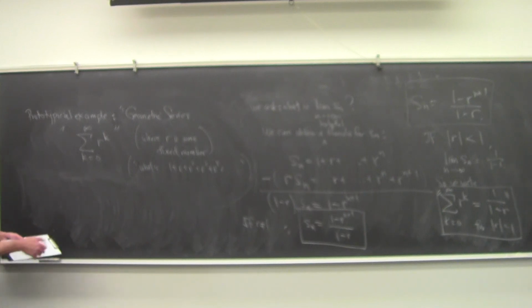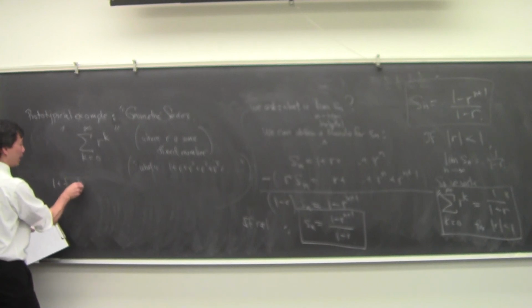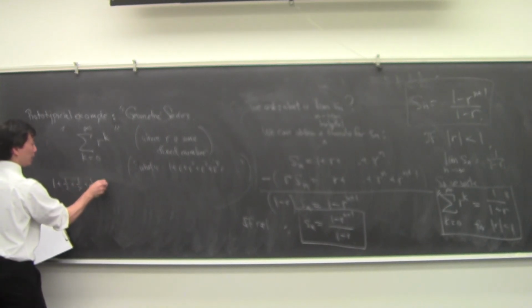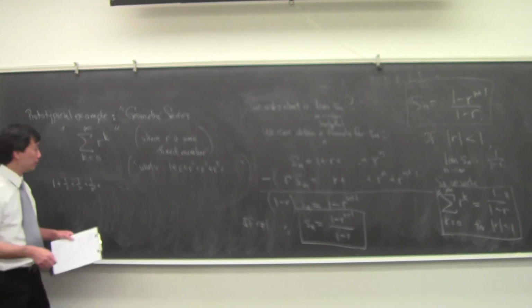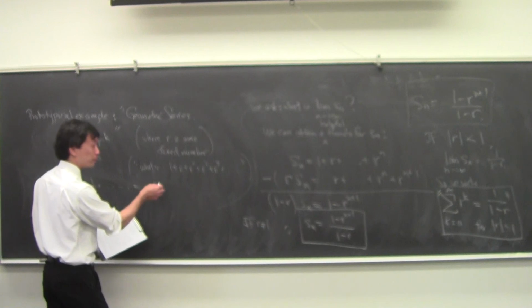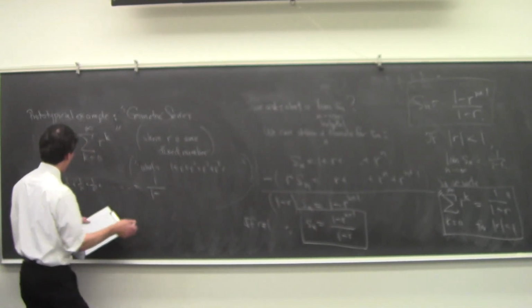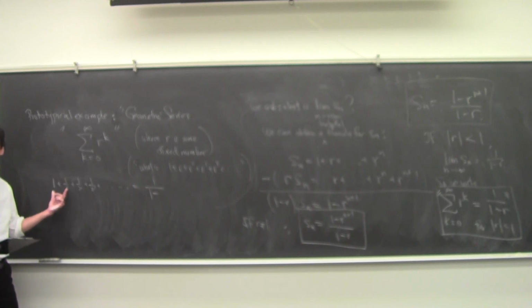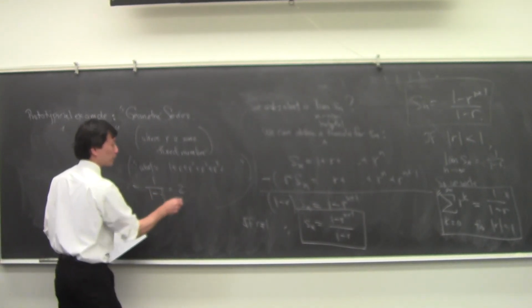Okay. So, for example, if I ask you, what is 1 plus a half plus a half squared plus a half cubed plus et cetera? Well, you'd say that's going to be 1 over 1 minus r, where r is this 1/2, and so you end up with 2.